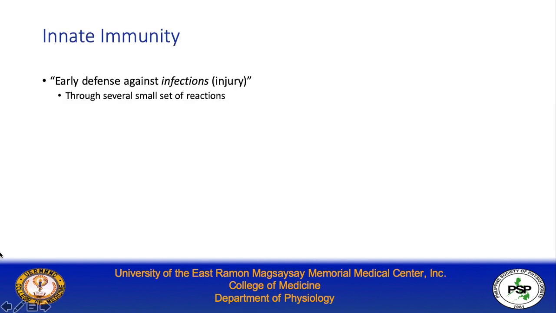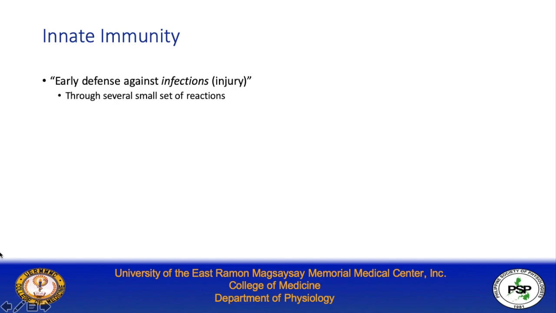For the innate immunity, as I've mentioned earlier, this is an early defense against infections or injury. Please remember that our immune system is not exclusive to infections; it can be activated if there is an injury.